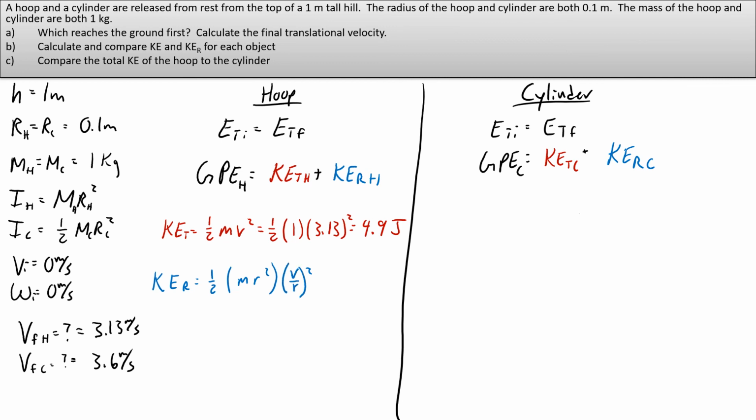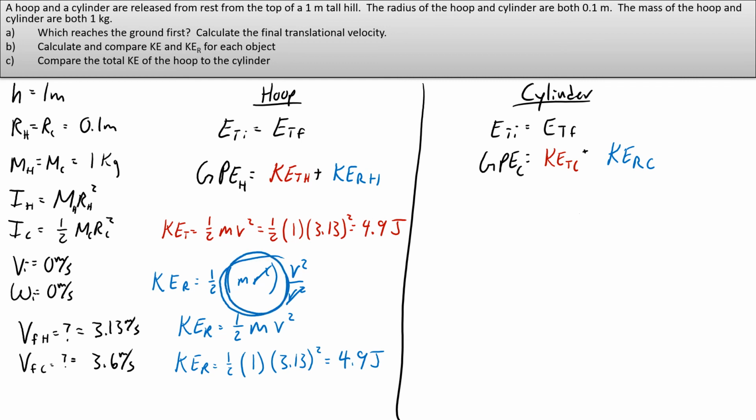When you simplify this equation a little bit, these r squared terms cancel out, and you're left with something that looks like your old formula, 1/2 mv squared. So it's going to be the same thing. But that rotational kinetic energy changes depending on what your moment of inertia is. For the hoop, the moment of inertia is pretty straightforward. It changes a little bit with the cylinder because you have that 1/2 in there as well.